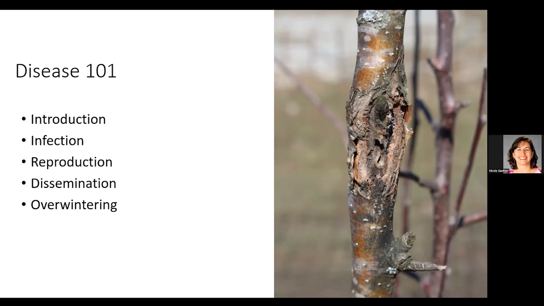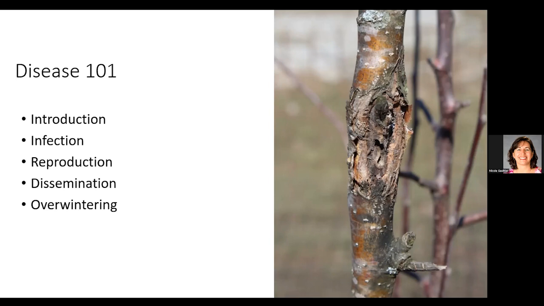So susceptible plants, we can talk about some of our pathogens are really host specific. So they have preferences to a genus. Cucurbit downy mildew will only infect cucurbits and not your tomatoes, for example. Or we can talk about resistant cultivars, and I'll talk about that a little bit later. So we do have some resistance within cultivars.